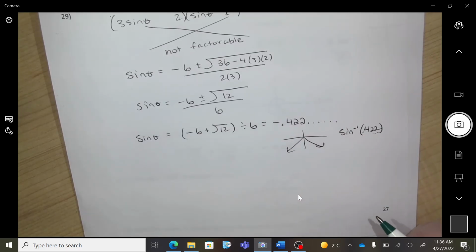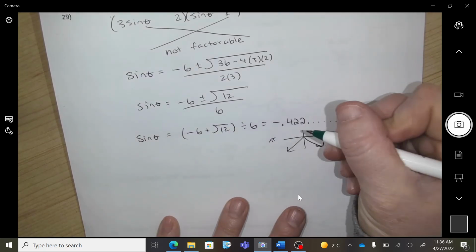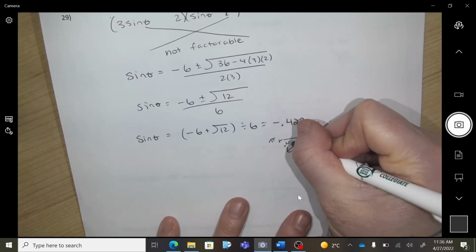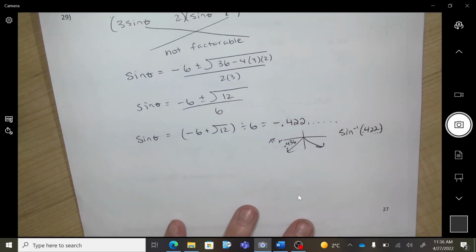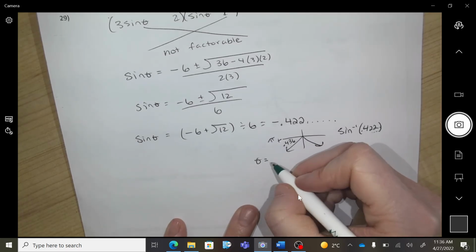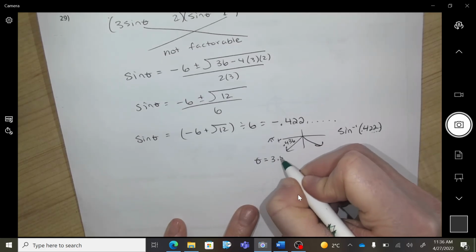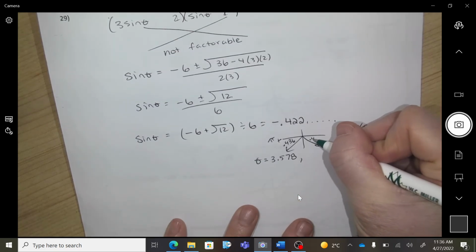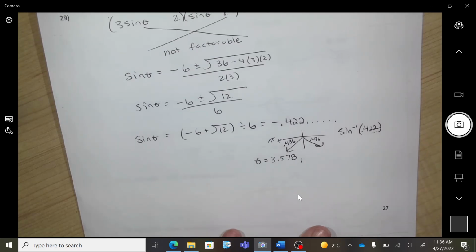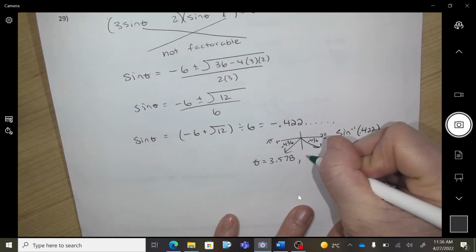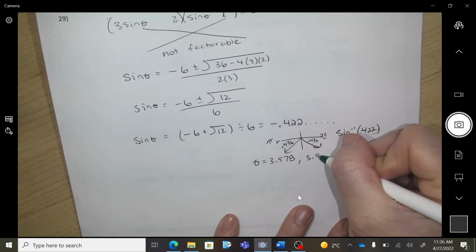So when I do that, I get pi plus 0.436 is the reference there. So this angle will equal 3.578. And then my reference was 0.436, so 2 pi minus, and I get 5.847.